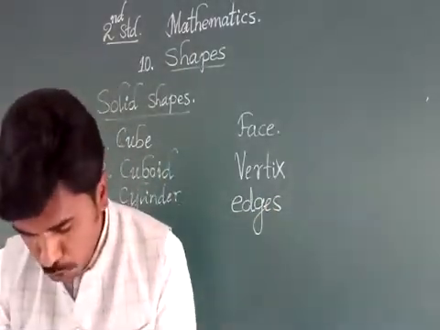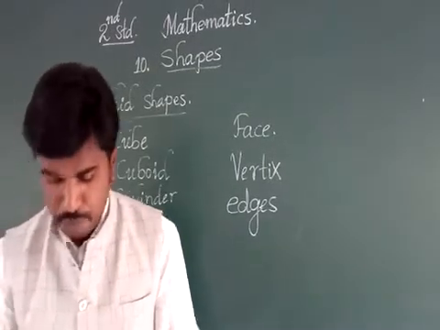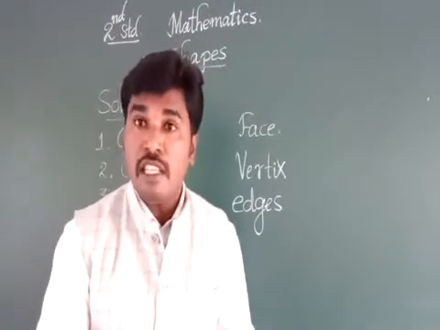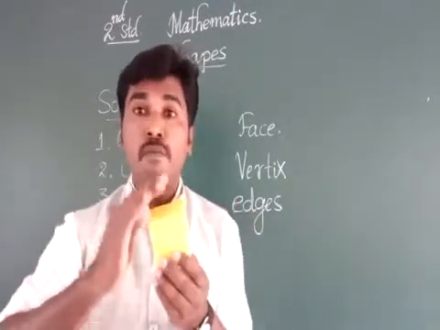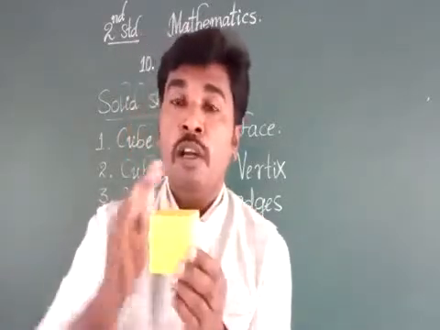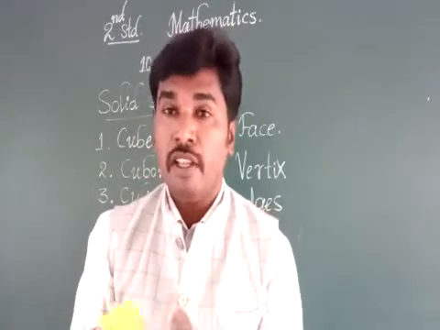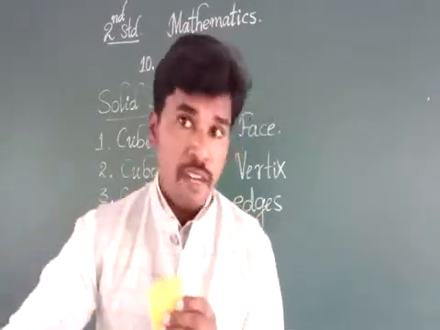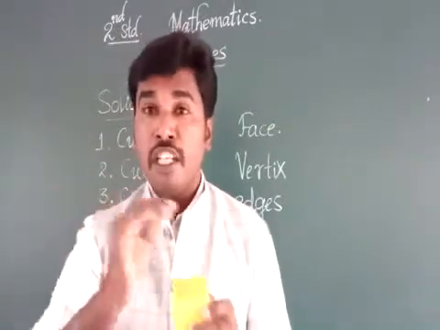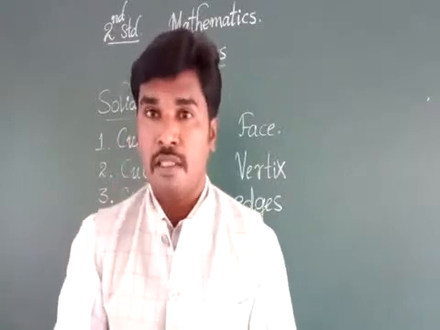In this cube, what is meant by face? Dear children, a face is nothing but a smooth, plain surface. It is called a face. Whether it may be a flat surface or a curved surface, a smooth surface we call a face.